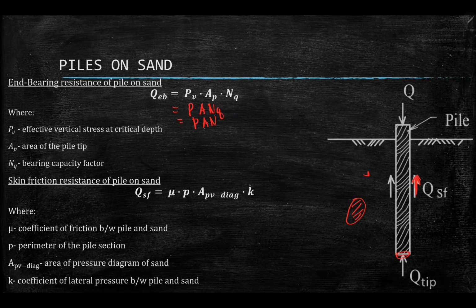So, ito yon sa side, tawag dito, sa ating skin ng ating pile and the soil, okay? Sa our sand. Also, it is denoted also by this formula. QSF is equal to mu P APVK. So, pwede nyong i-memorize yan using this mnemonics.